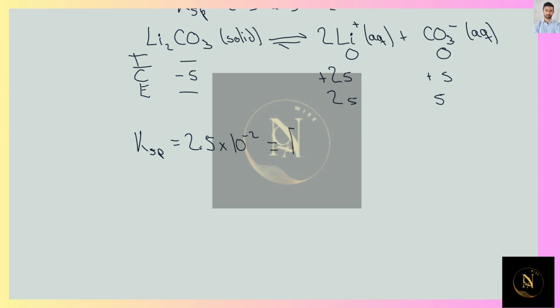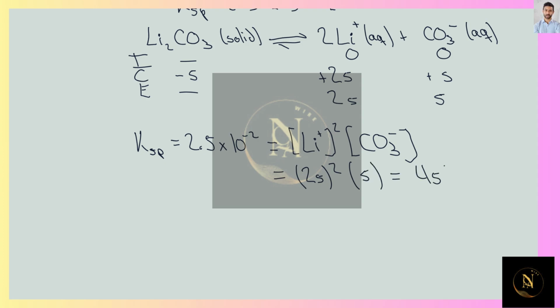And recall that this is equal to the concentration of lithium plus squared times the concentration of CO3 2 minus. If we replace this with the values for S, we're going to have 2S squared times S. This means that we're going to have 4S cubed. Thus, we can solve for S, that is the molar solubility.